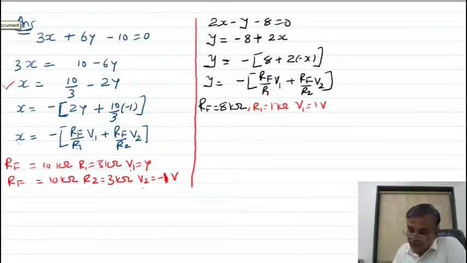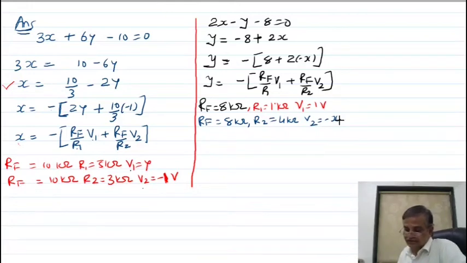Now for the second term, Rf is already taken 8 kilo ohm, R2 you take 4 kilo ohm, and V2 is equal to minus x.